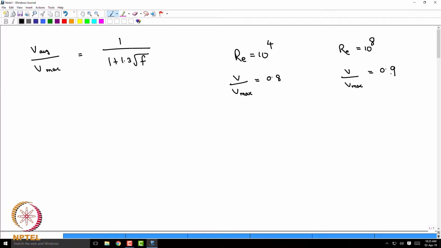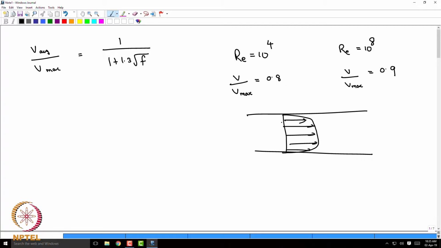Now this says that the average velocity is very close to maximum velocity. That means the velocity profile is going to be almost flat, something like that.